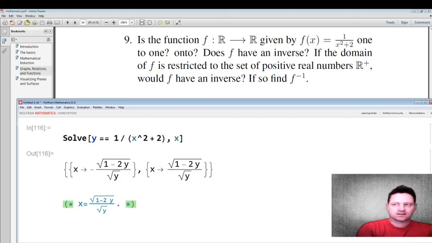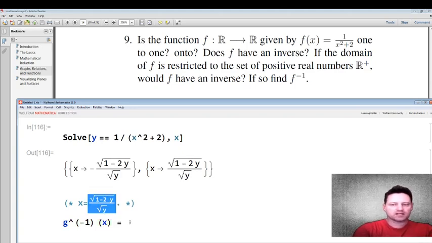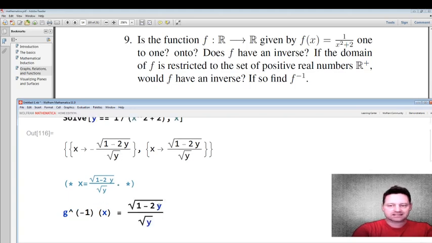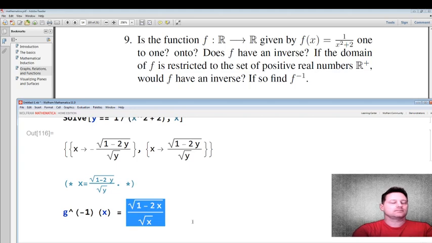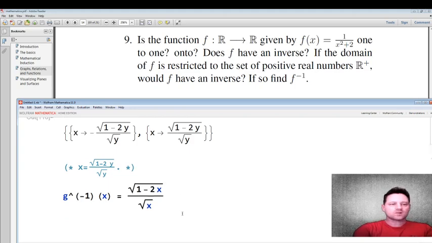So the answer to the question, what is the inverse of this new g? g inverse of x is just this right-hand side with the y replaced by x. So it takes in x and it outputs this. Of course there are other ways to write this, and you could algebraically rearrange it, but that's the answer.